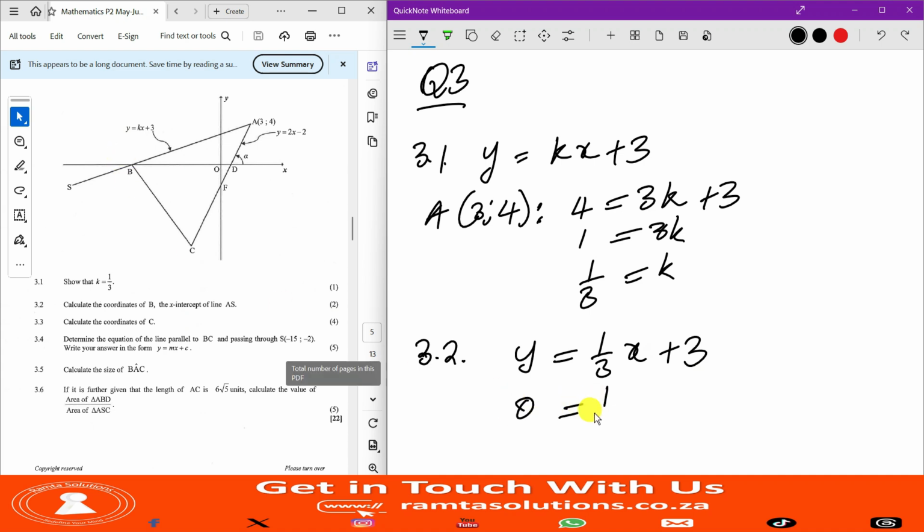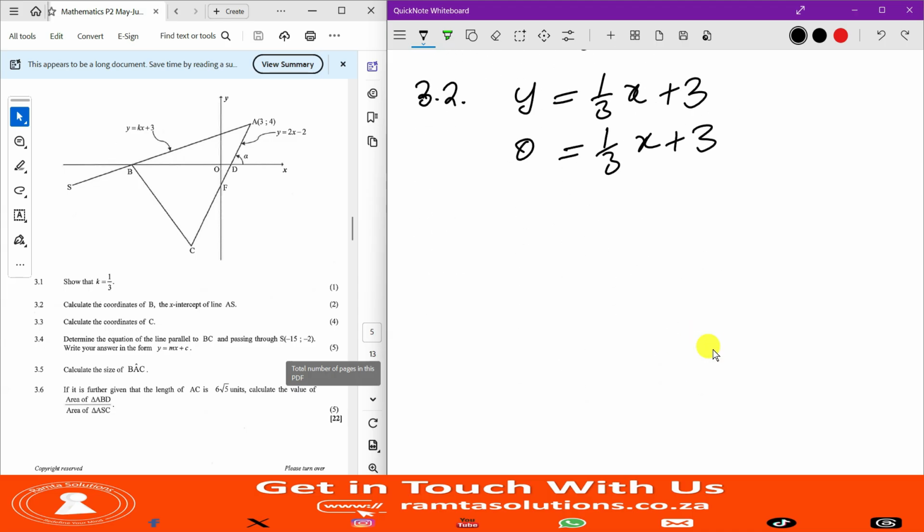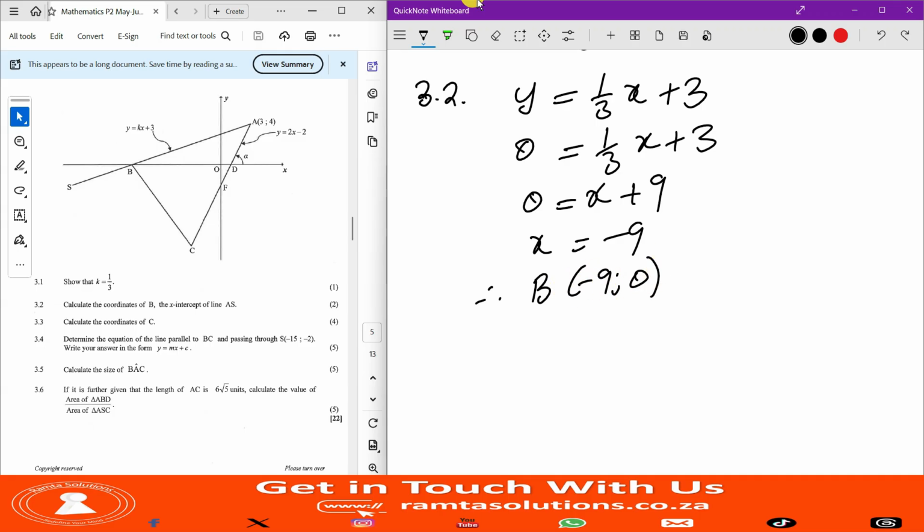So 0 = 1/3 x + 3. We can say 0 = x + 9, therefore x = -9. We can conclude that B is (-9; 0). Remember, to get this we multiplied throughout by 3 from the previous step.